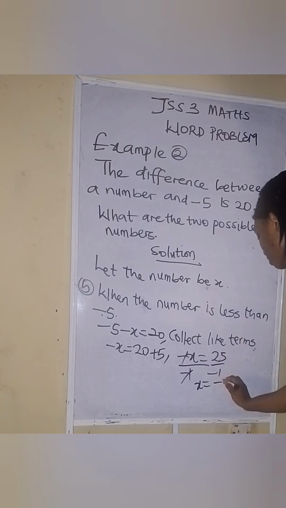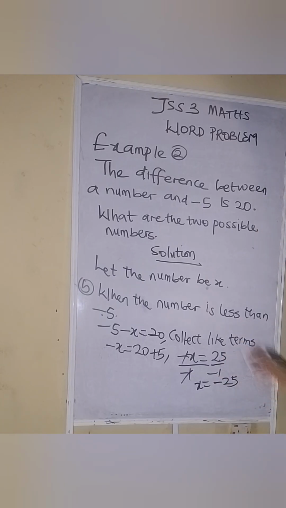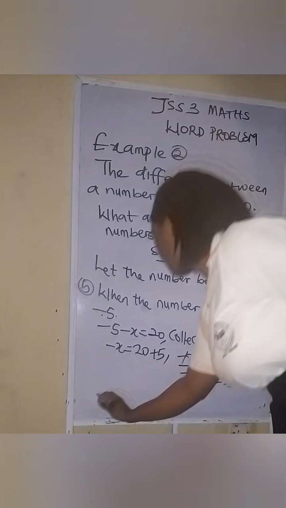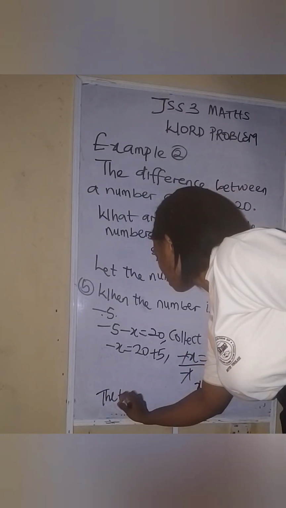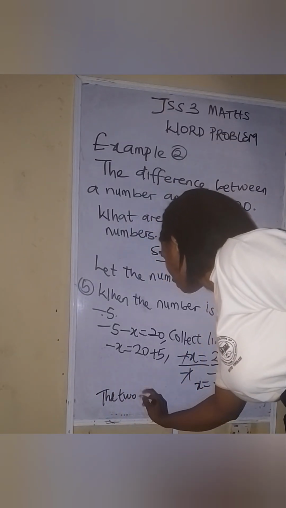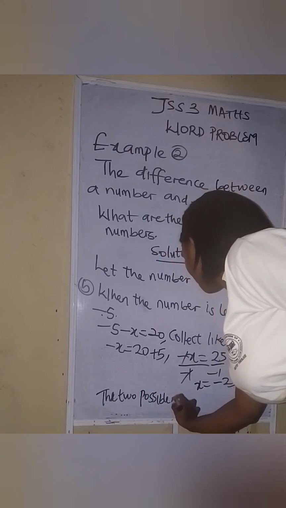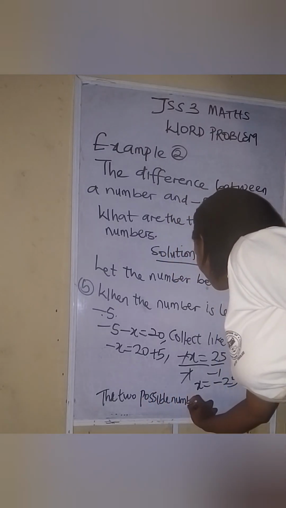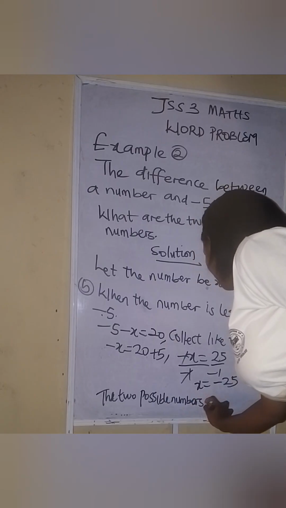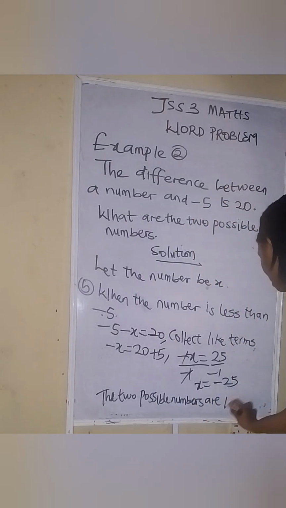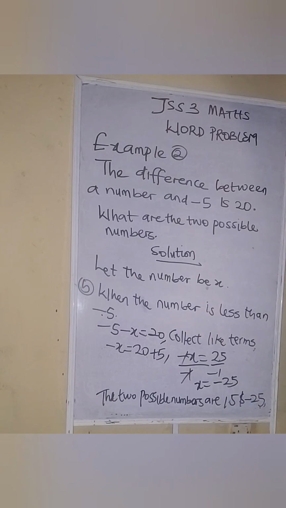So the two possible numbers are 15 and minus 25.